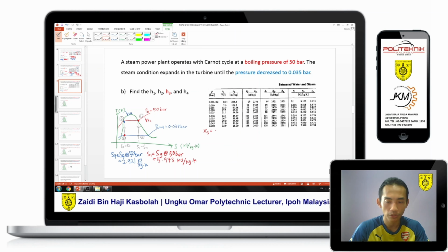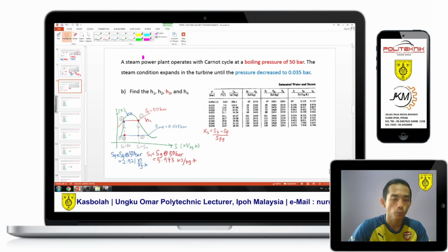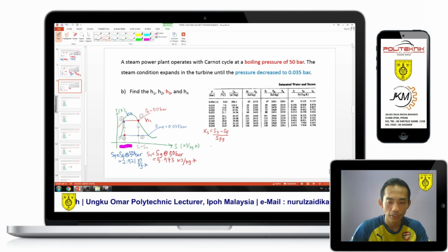X3 equals S3 minus Sf divided by Sfg. We know that S3 equals S4. Therefore, this equation becomes S4 minus Sf divided by Sfg.